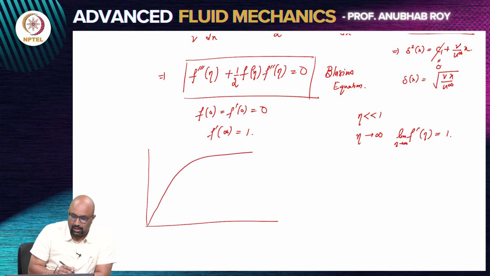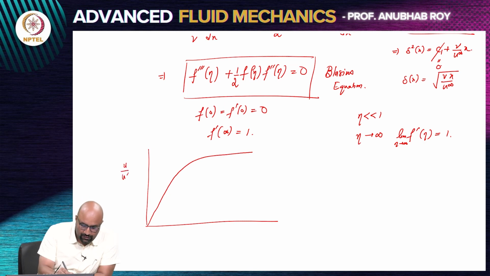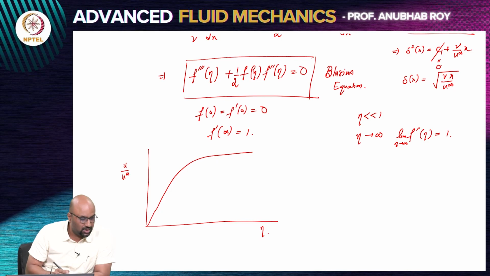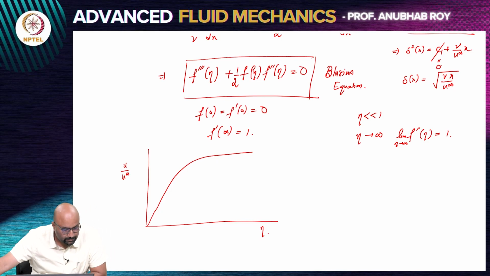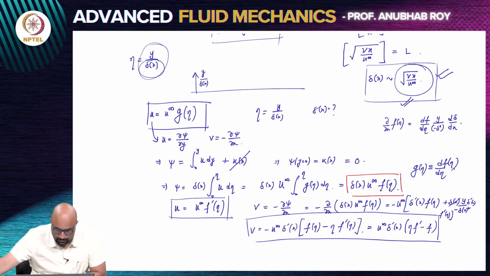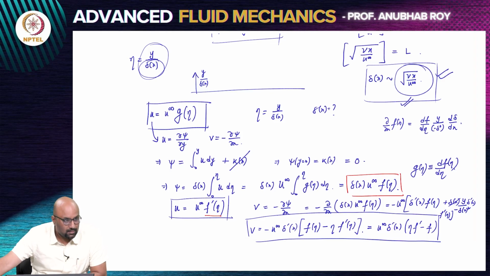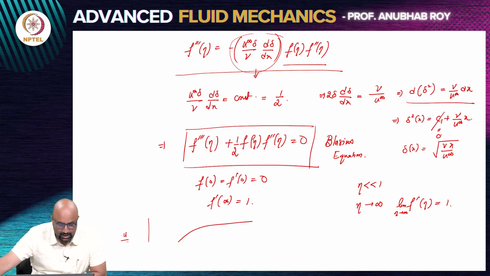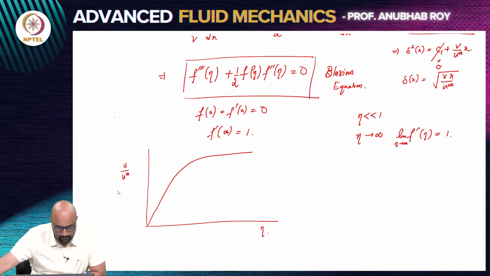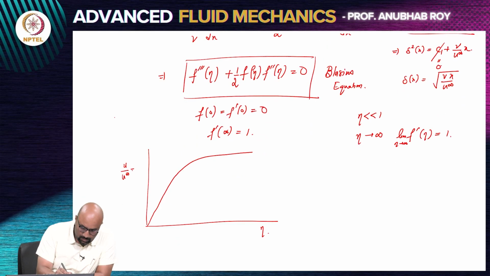So if you plot u by u infinity as a function of eta. Now what is u by u infinity? It is f dash of eta, right? This is what it would look like.